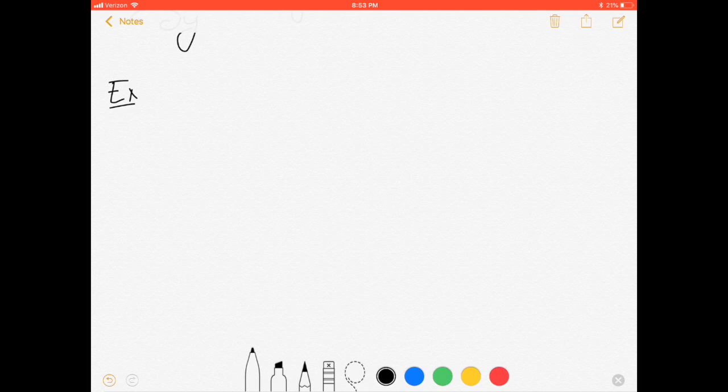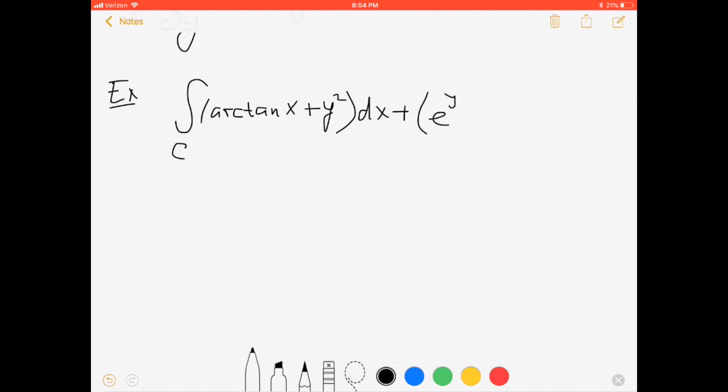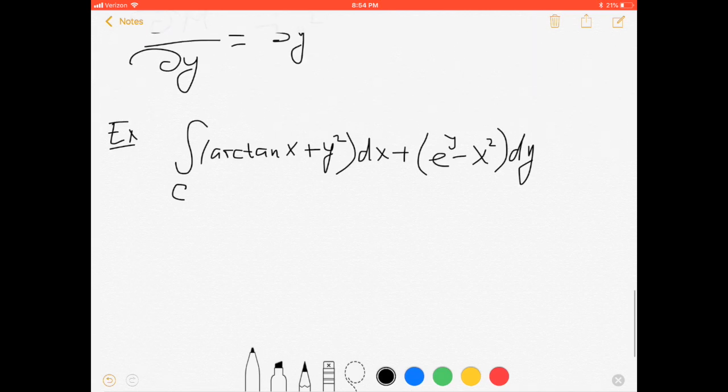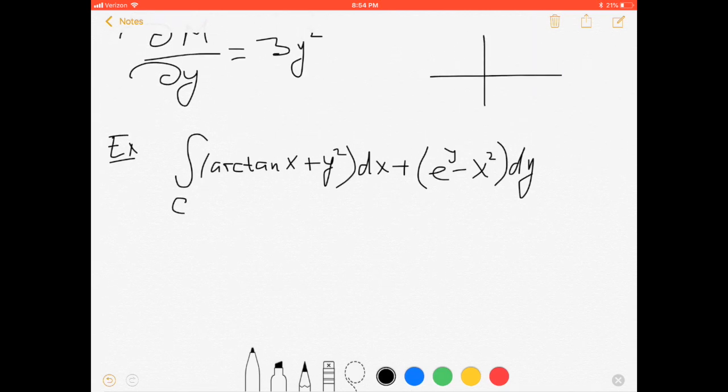Okay, one more example. Let's go. We have the integral over some curve C of (arctangent of x plus y squared) dx plus (e to the power y minus x squared) dy, and our region is, maybe I put it here, you have half of a circle of radius 3 and half of a circle of radius 1, and the region will be between.